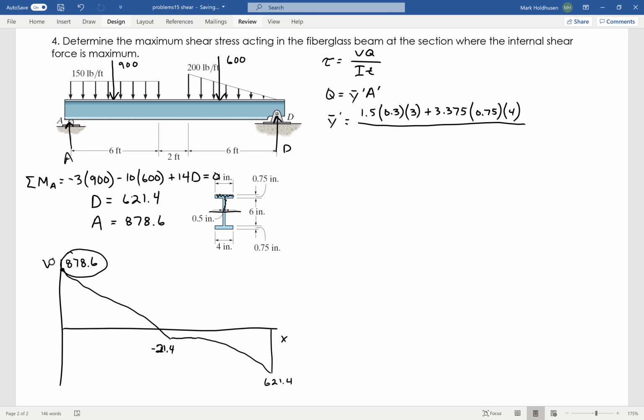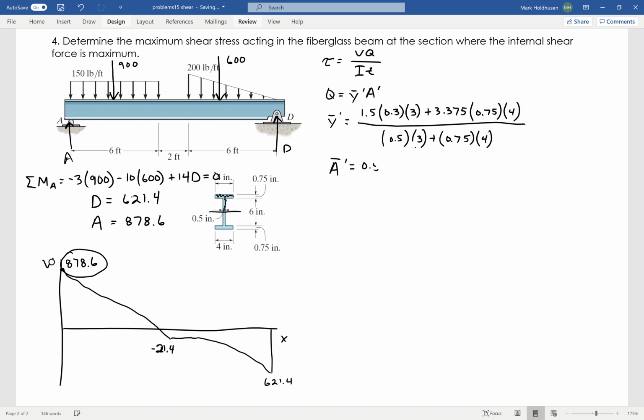And then I divide that by the area, which is 0.5 times 3 plus 0.75 times 4. And I don't actually have this number here, but I can then find the area, which is just going to be the denominator of that guy. I screwed something up. This should be a 0.5. Sorry about that.